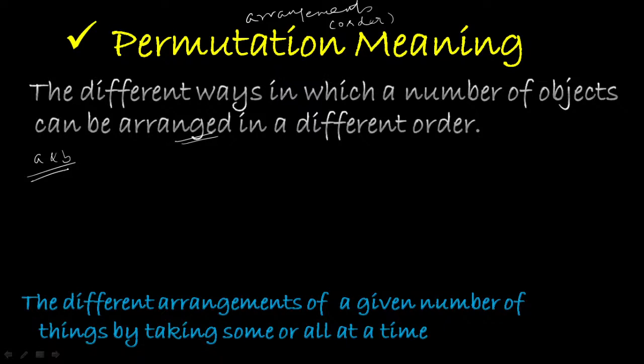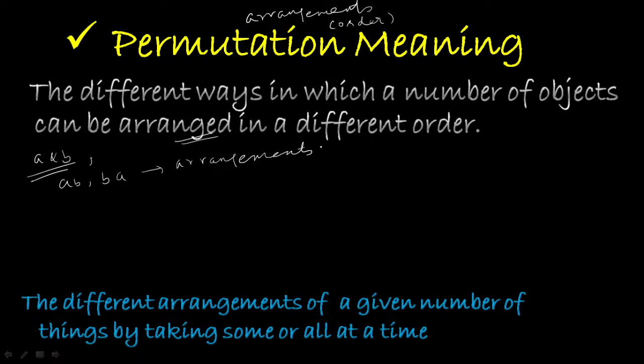They can be arranged in two different ways, isn't it? One is AB, the other one, you just interchange the positions, you get BA. So AB and BA, these arrangements are called permutations.